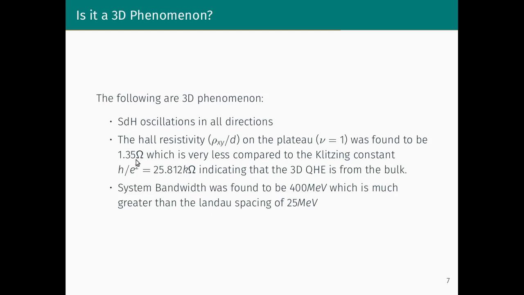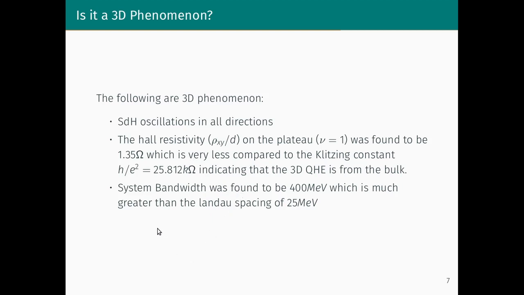So this quantum of resistance, when we compare with the von Klitzing constant, which is h by e square, which is 25 kilo ohm, we could very well see here the von Klitzing constant has a very large value compared to the Hall resistivity which we are measuring here. That simply suggests that the quantum Hall effect in this sample is because of the 3-dimensionality of the system and arising from the bulk of it.